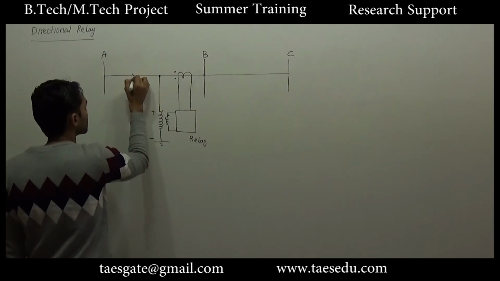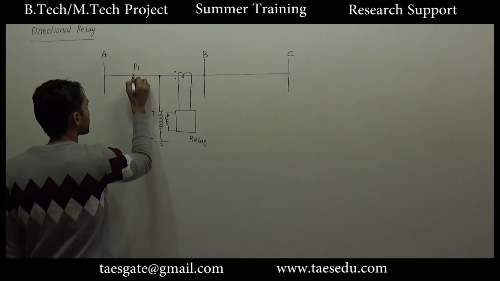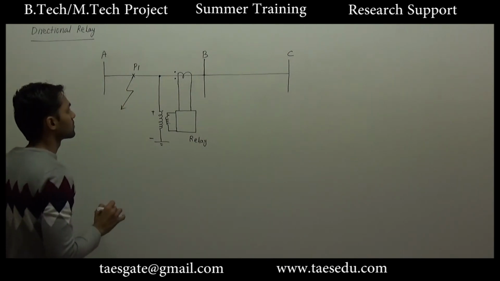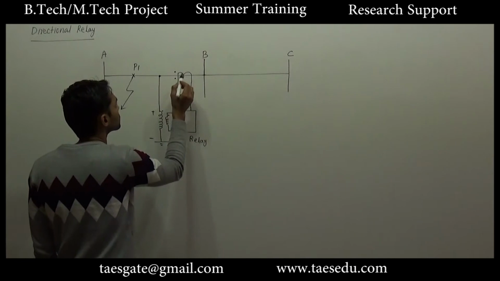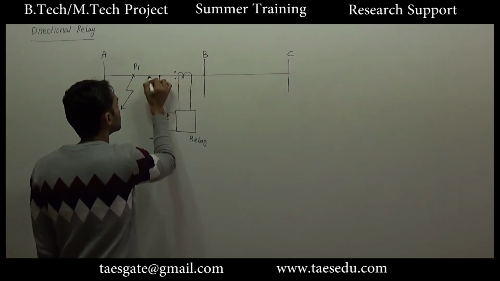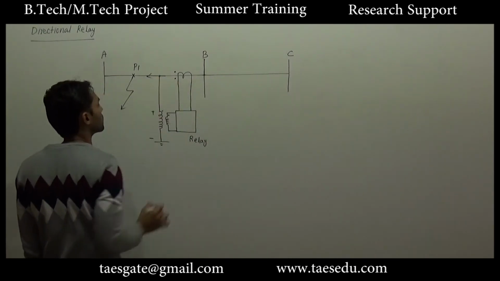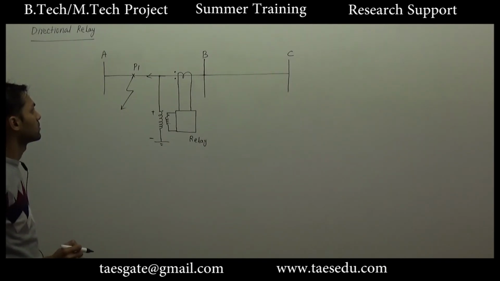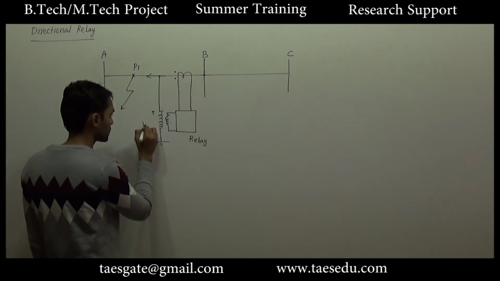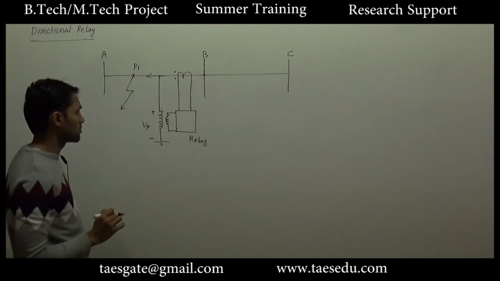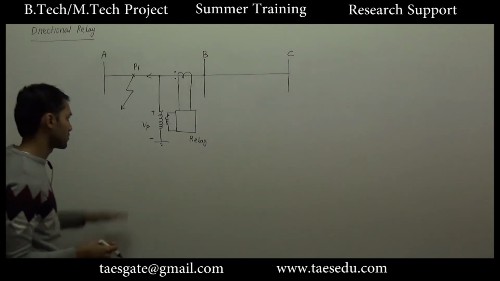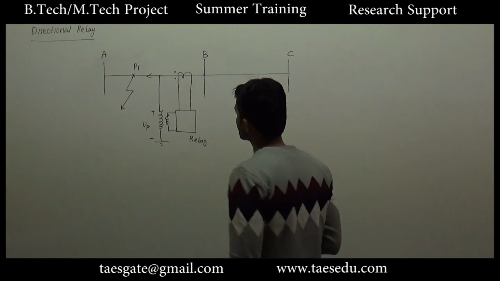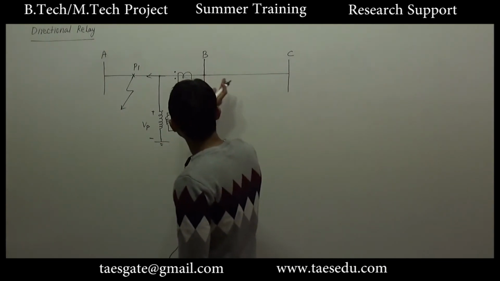Now let us consider a point P, fault at point P. For fault at point P, the direction of current in the main line will be from right to left. In case of fault, the voltage of a bus decreases sharply, so there will be some voltage here, and the direction of current will be from right to left.